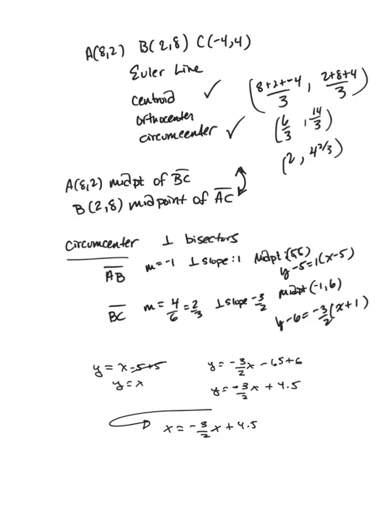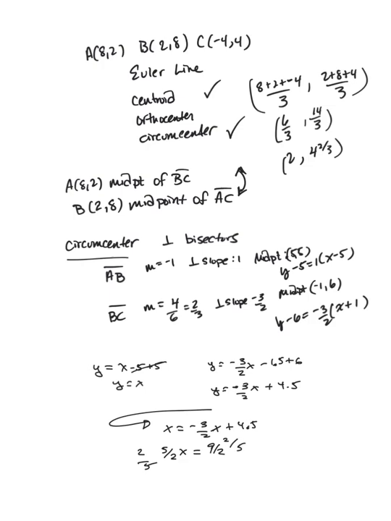Add 3 halves to the left. That's going to be 5 halves, because you have 1 plus 1.5, which is 5 halves. 4.5 is the same as 9 halves. Multiply both sides by the reciprocal, 2/5.